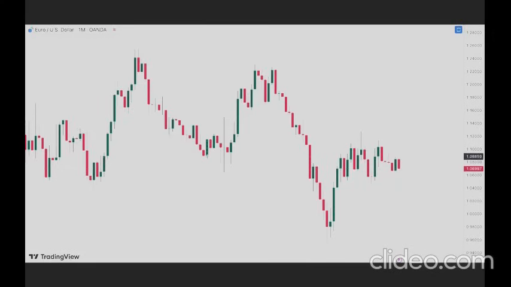So the market bounced here, then went up and then came back, got some rejections several times, like 4 times. Then the market moved up.